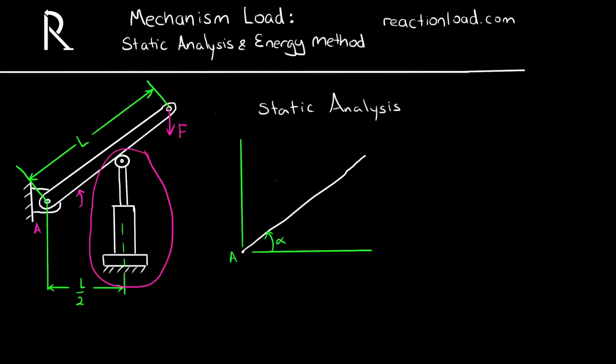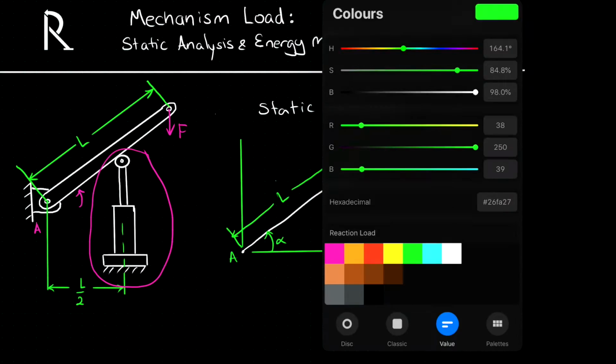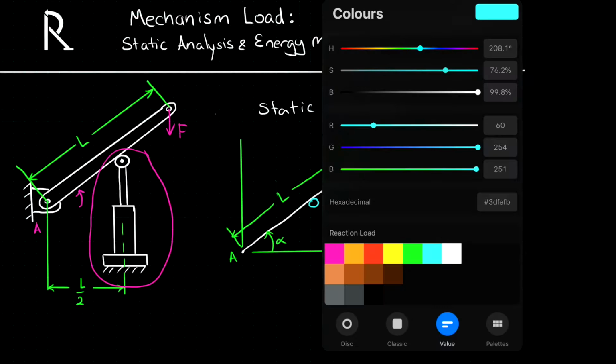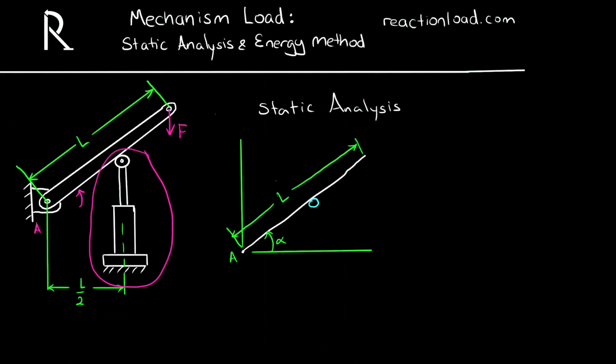We've got the pivot point A. At the end of the lever, we have the distance L, as we talked about before. And also we have the roller, which acts off at a distance of L on 2. So let's draw that in.